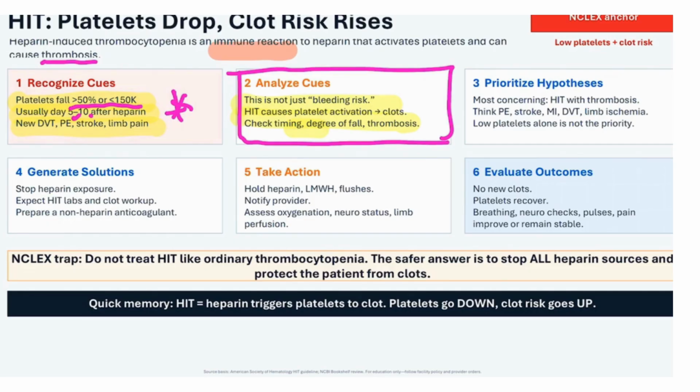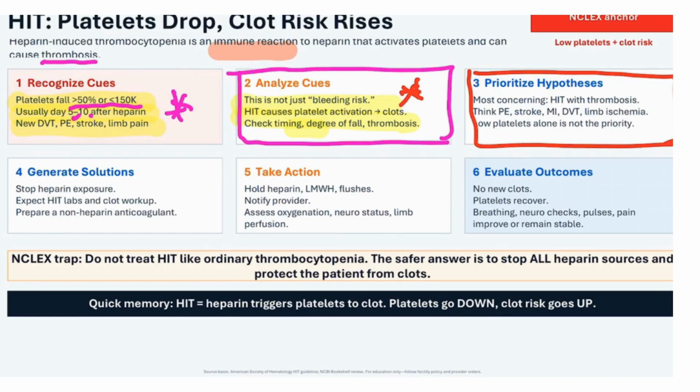Now, do not miss the platelet count simply because the patient is not bleeding. What do we do then?